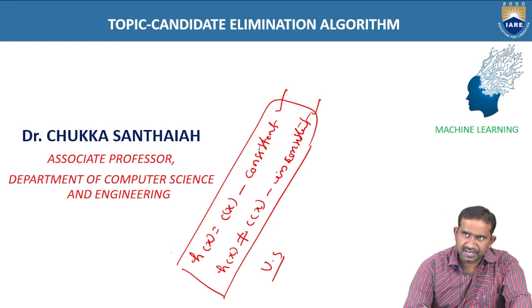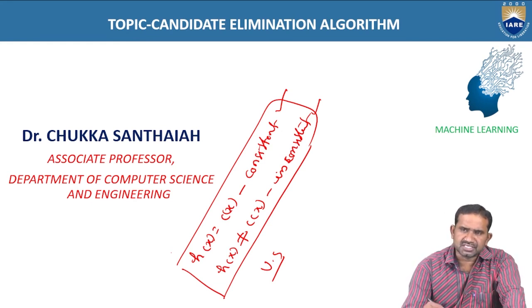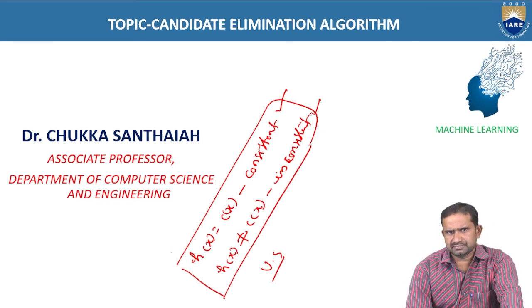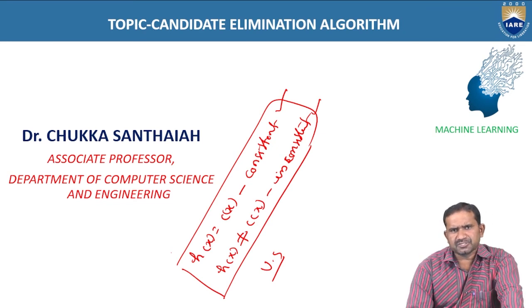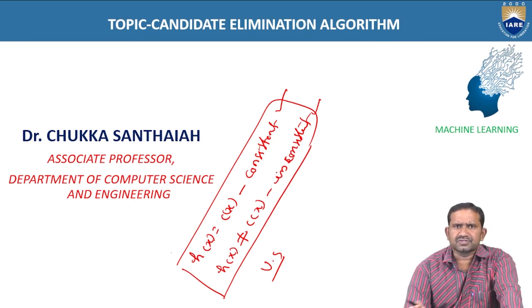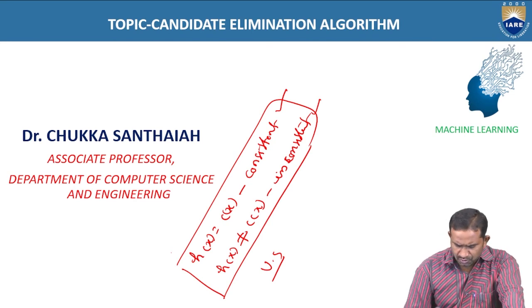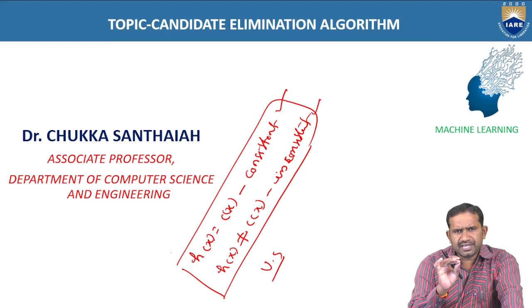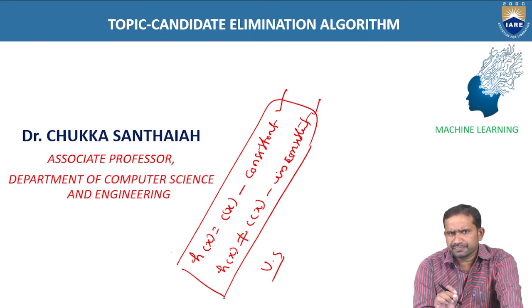If any hypothesis is consistent, we can keep it as it is in the version space. If any hypothesis is not consistent, means inconsistent, we can simply remove that hypothesis from the version space. So we follow the same principle for the version space.